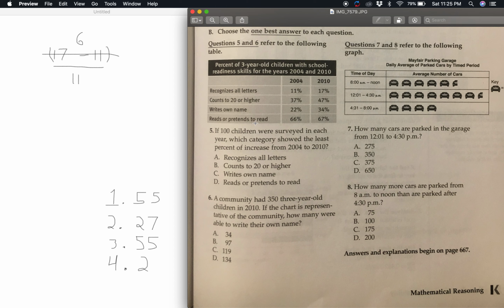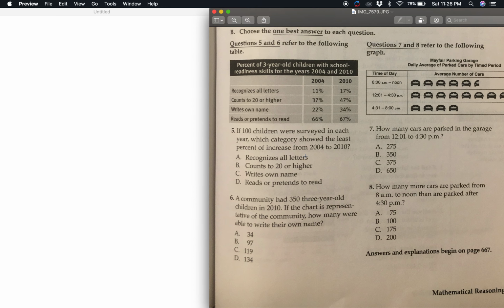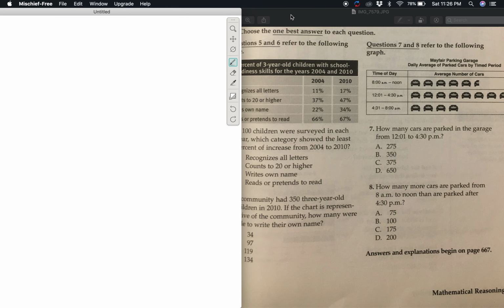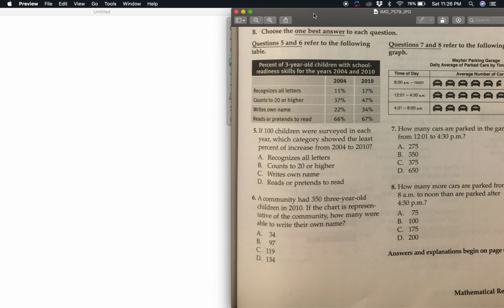So a community had 350 three-year-old children in 2010. If the chart is representative of the community, how many were able to write their own name in 2010? Writes own name shows 34% in 2010.